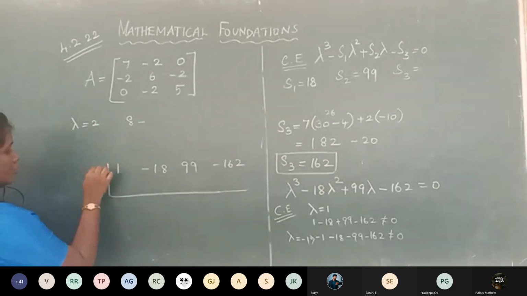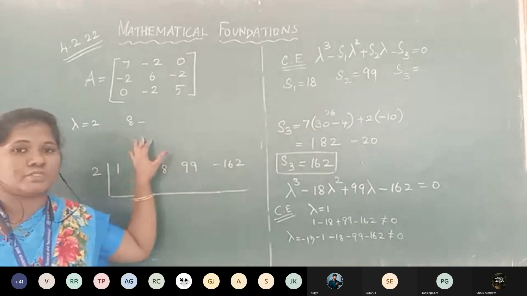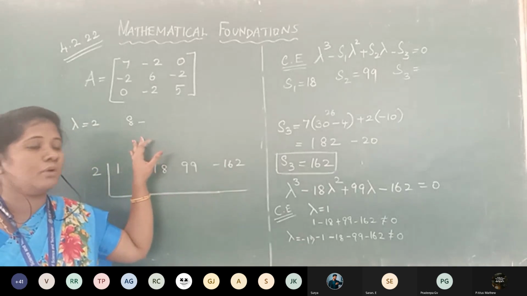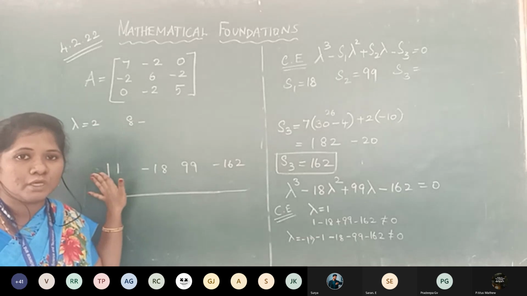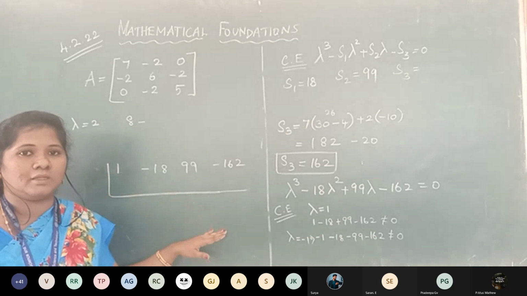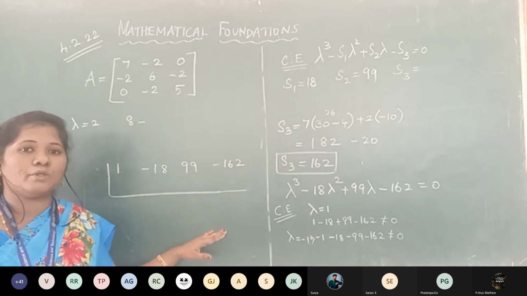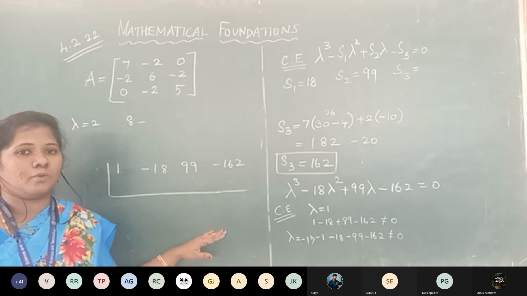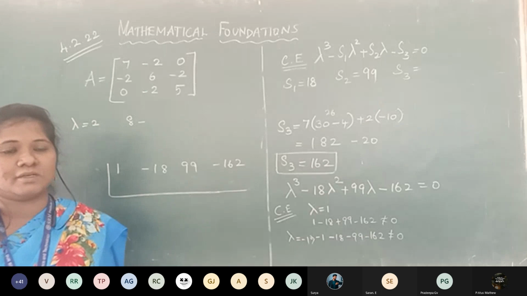If you put 2, see whether it becomes equal to 0 in that equation. If it is not equal to 0, don't take that value, go on to minus 2. If minus 2 is equal to 0, substitute it here and get the value. If minus 2 is also not equal to 0, go on to lambda equal to 3. So you will try it and find out your eigenvalues, eigenvectors.